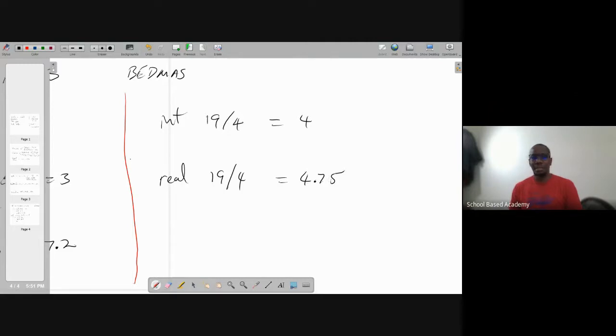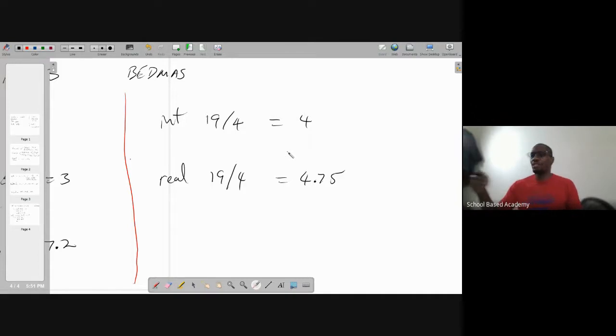Now, it didn't matter that this 0.75 was more than half. The thing is that we cannot hold floating point values in an integer. So we can have 4.999999999.